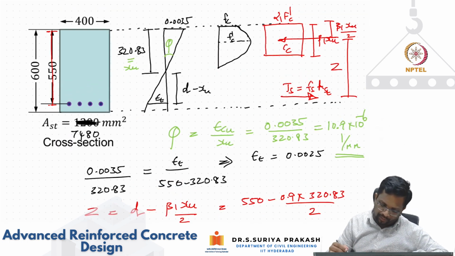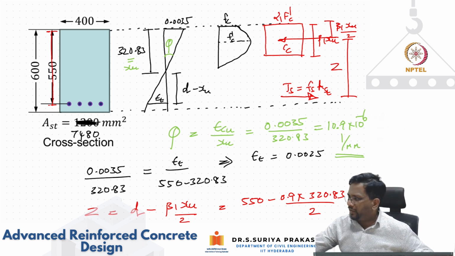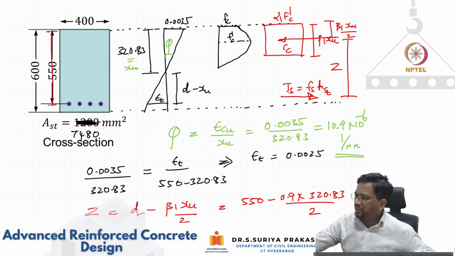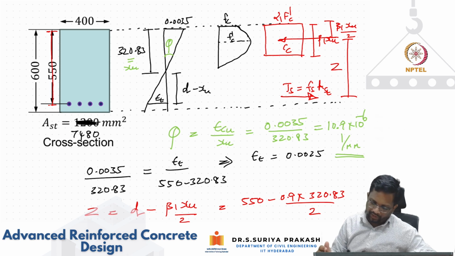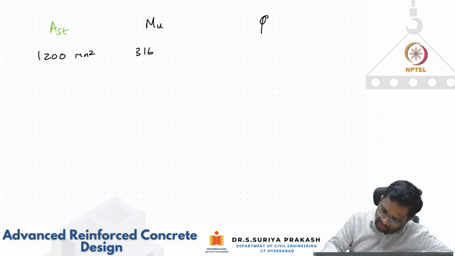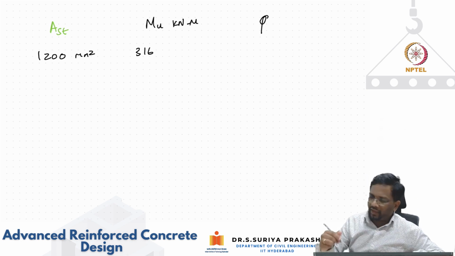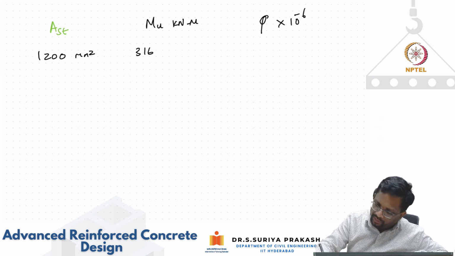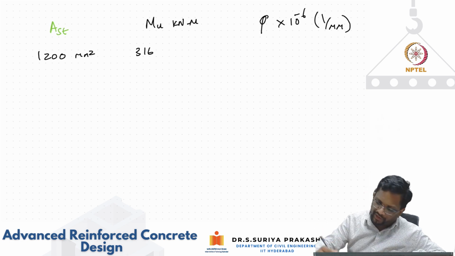We calculated that to be about 316. So the moment resistance is 316 in kilonewton meter, and the curvature, with 10 to the power of minus 6, 1 by millimeter as the unit, for this section is 68.1.